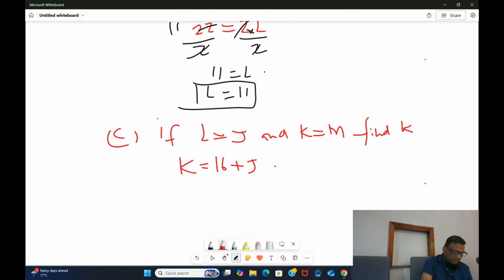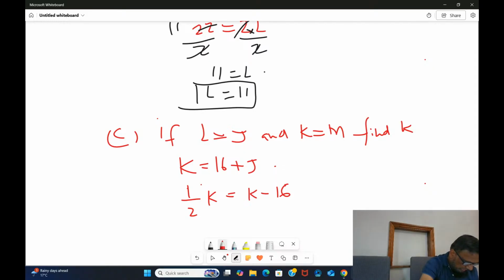So look at this one. We can write half K equal to K minus 60.